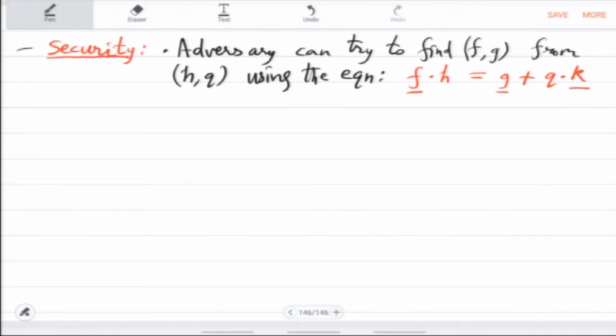But the adversary can write this as a lattice system.